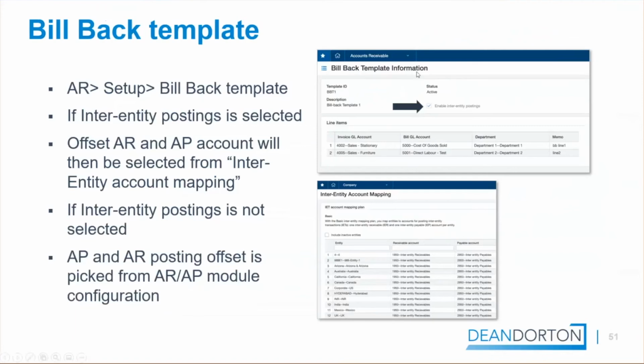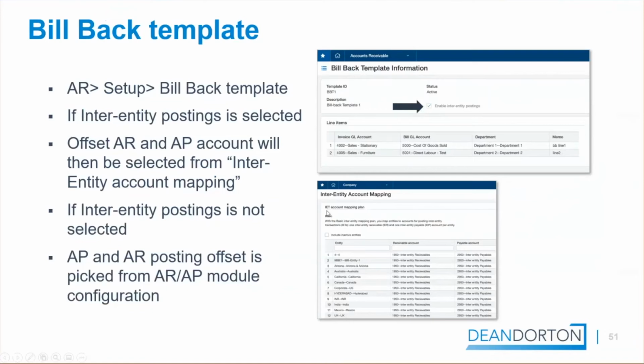Bill back template information: you create these, and you enable the inter-entity posting as it shows here. Here's your invoice GL account, there's your bill GL account, your different departments if need be, different memos for these templates that will be your starting point for these kinds of transactions.